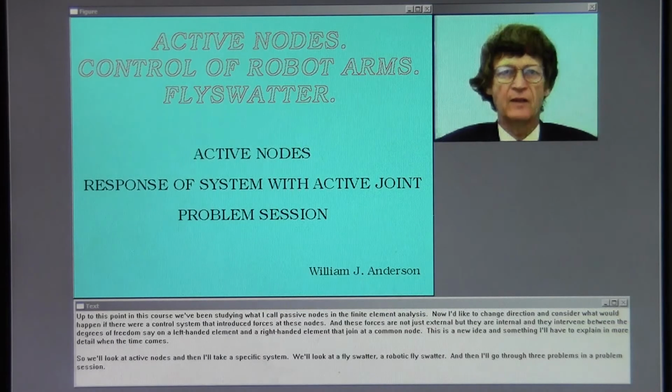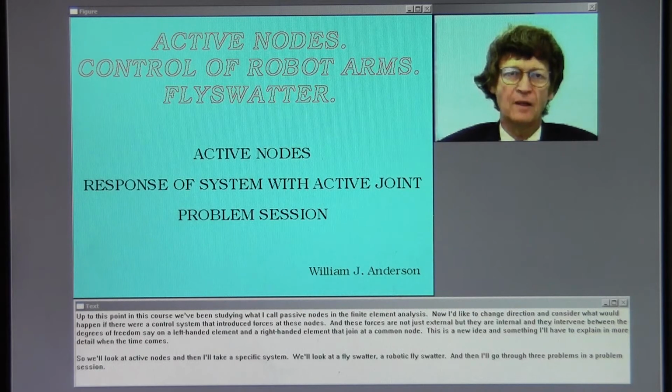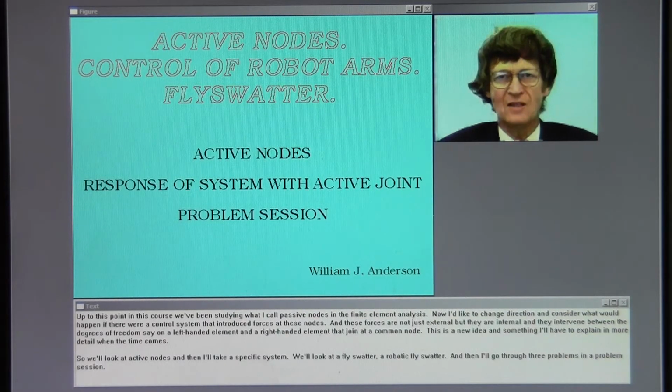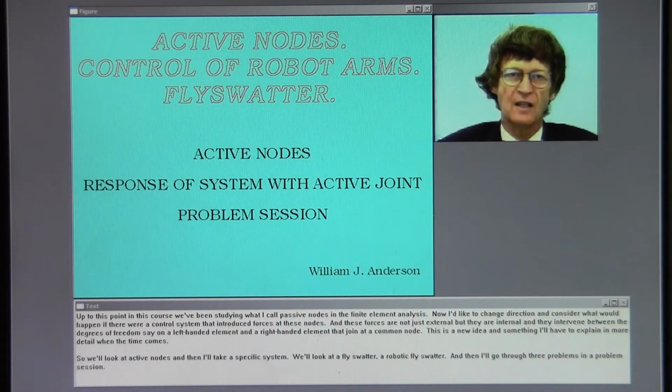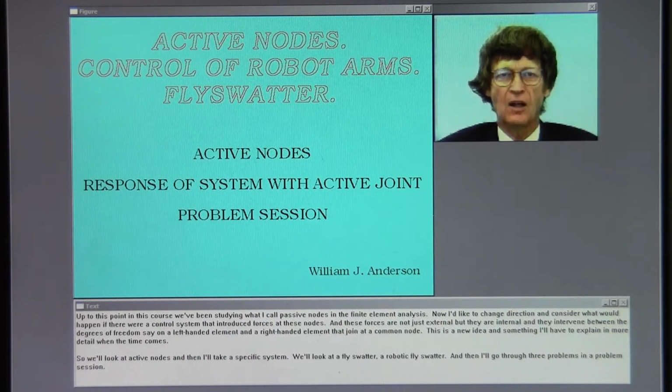Up to this point in this course, we've been studying what I call passive nodes in the finite element analysis. Now I'd like to change direction and consider what would happen if there were a control system that introduced forces at these nodes. And these forces are not just external, but they are internal, and they intervene between the degrees of freedom, say on a left-handed element and a right-handed element that join at a common node.